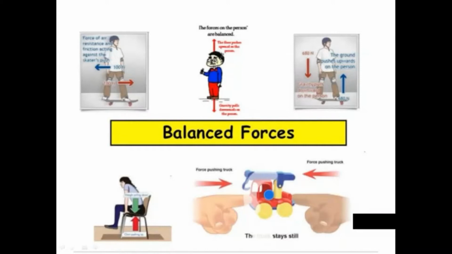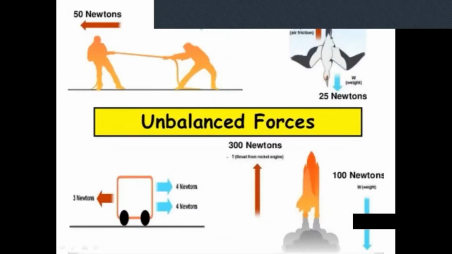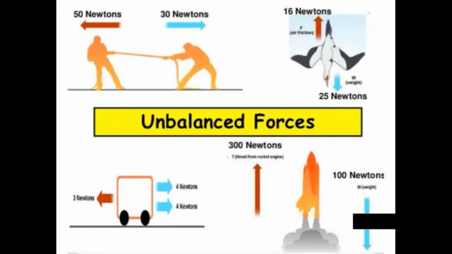And in the next slide, we can see a rope in the hands of two persons, and there are two forces on two sides: on one side 15 Newton and on the other side 30 Newton. There is a change of force, and a bird is flying with an upward force of 16 Newtons and a downward force of 25 Newton.